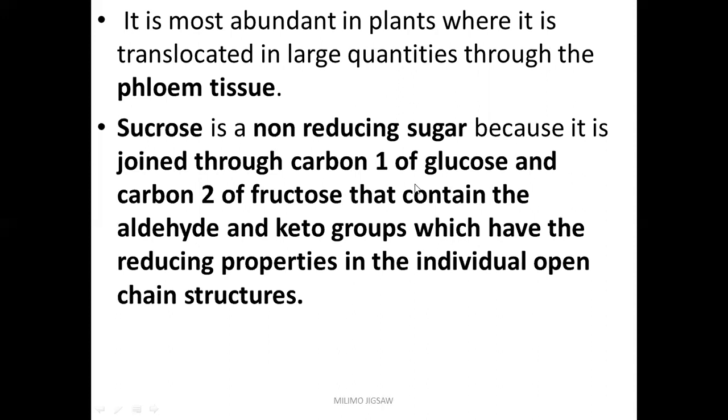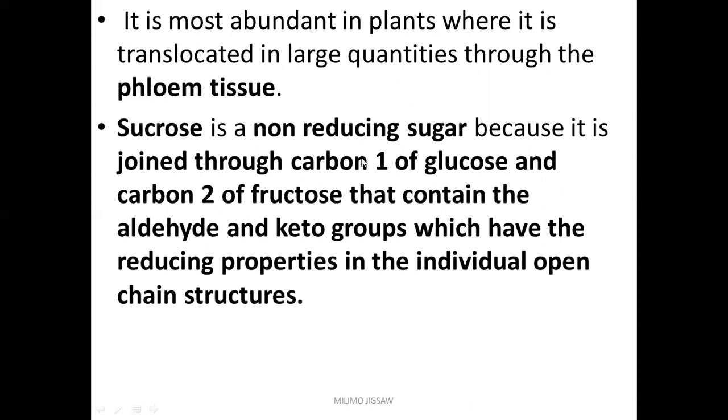The aldehyde group in glucose is on carbon 1, and the ketone group in fructose is on carbon 2.